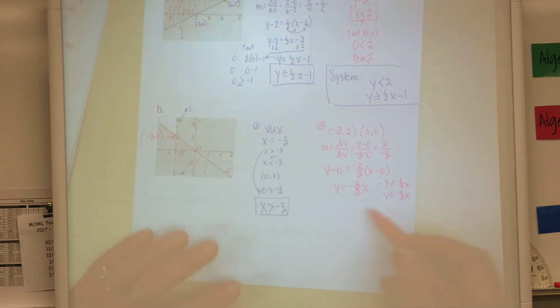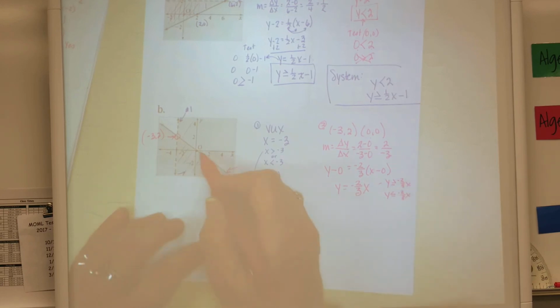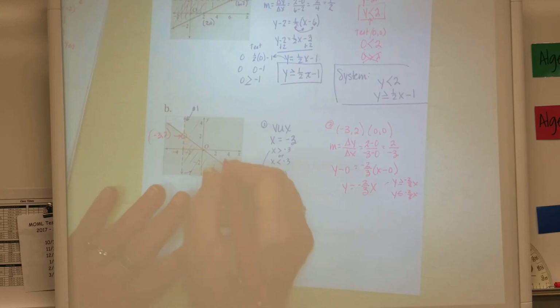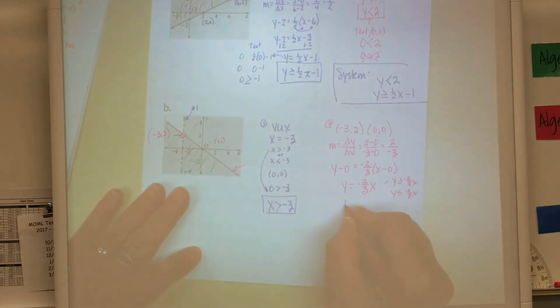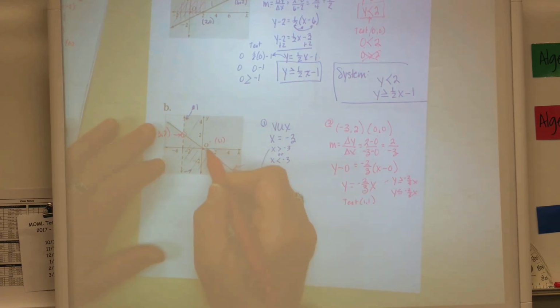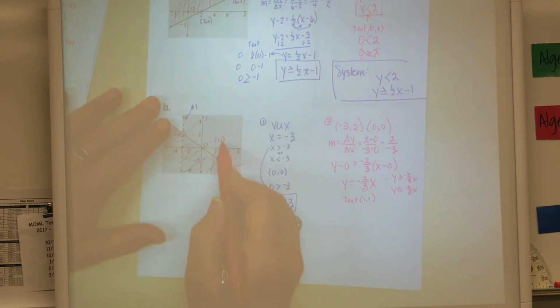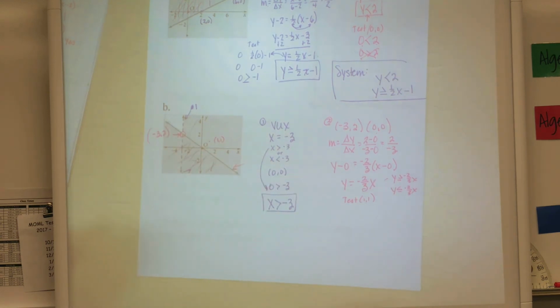I need to put a test point that works. Now I don't want to use 0, 0 because it's on the line, so I'm going to test the point 1, 1. It looks like on that one, they shaded below, so they would not include that. So I need to see that that does not work.